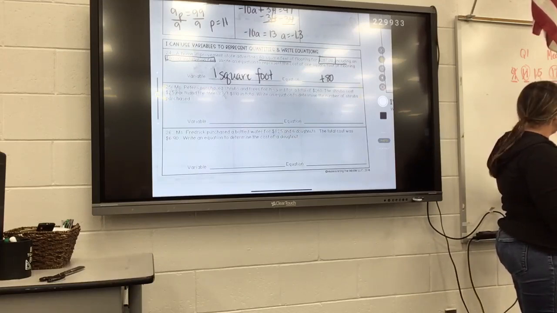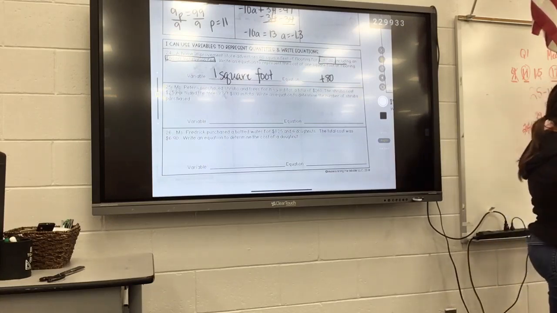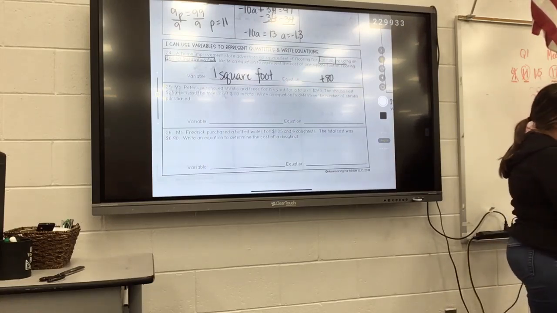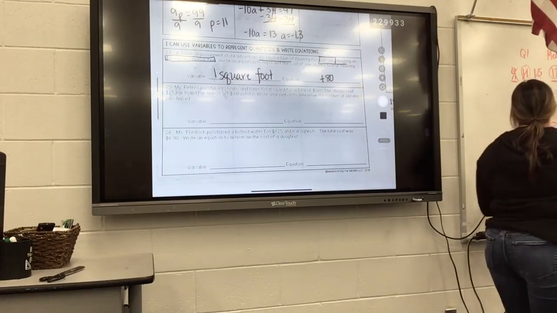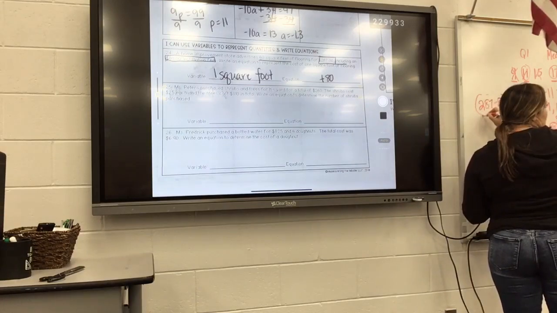287 minus 80 in parentheses divided by 60. Because 80 is the additional price for the installation fee, so that doesn't go in the bottom. And you have to divide by 60 in order to figure out one. So you're saying 287 minus 80 in parentheses divided by 60.